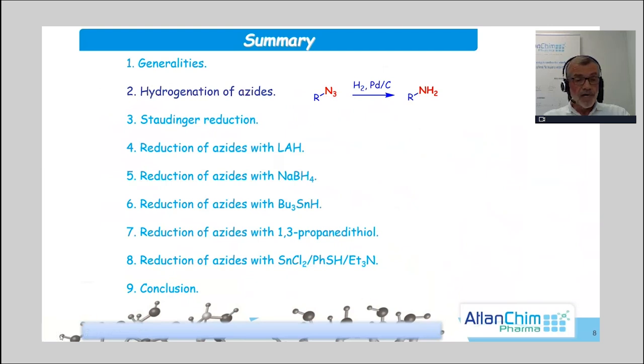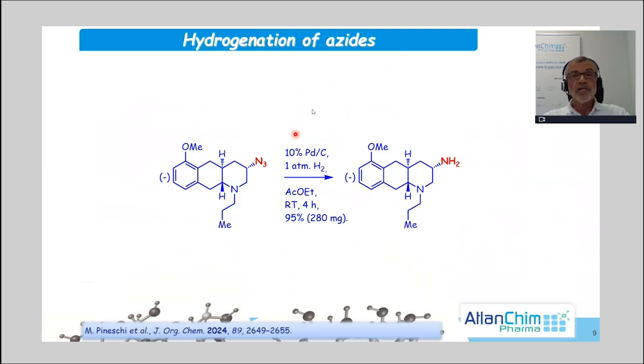So in the total synthesis of natural alkaloids containing this type of backbone, this chiral azide was hydrogenated to the corresponding target amine in almost quantitative yield with 10% palladium on carbon under 1 atmosphere of hydrogen in ethyl acetate at room temperature.